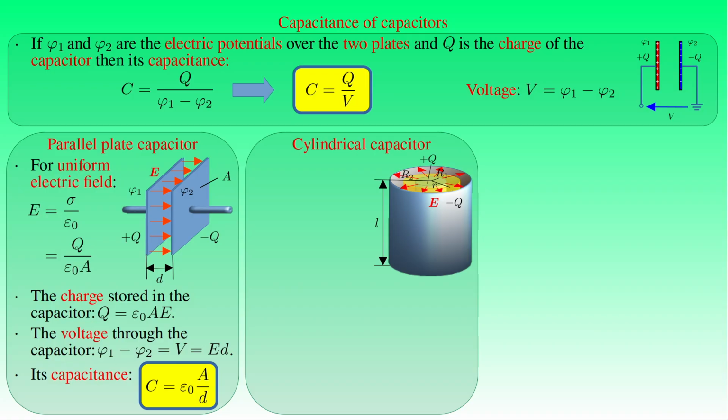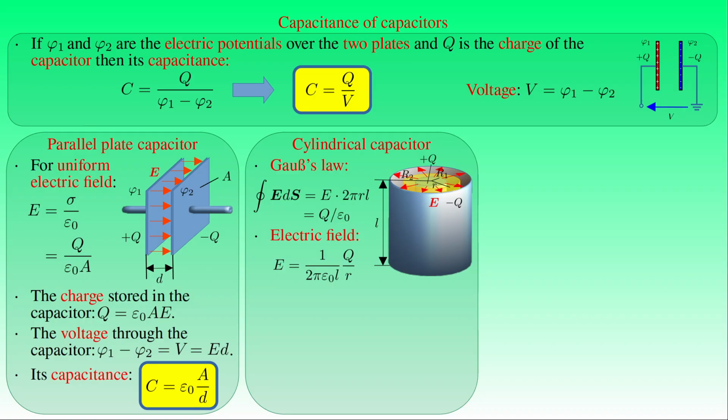Since no electric field line passes through the bases of the cylinders, Gauss' law states that the surface integral of the electric field E over the Gaussian surface, given by the magnitude of the radial electric field E times the area of the curved surface of the cylinder chosen as Gaussian surface, that is 2 pi times its radius R times its length L, is equal to the total charge Q enclosed by the surface over epsilon naught. If we express the magnitude of the electric field E from the Gauss law, we obtain 1 over 2 pi times epsilon naught times the length L, times the charge Q over the radius R.